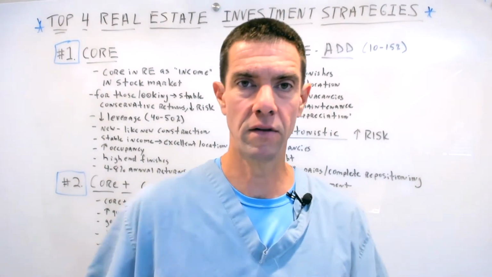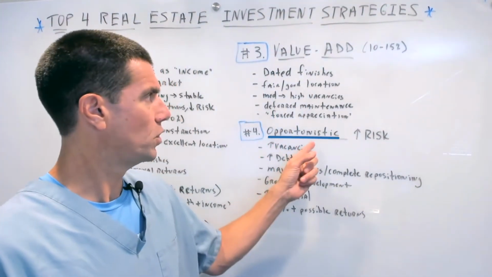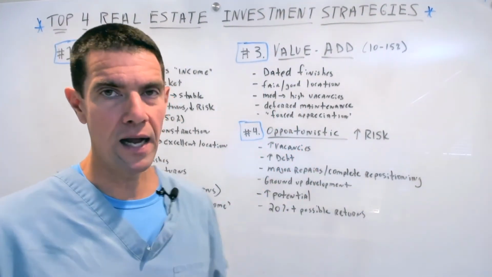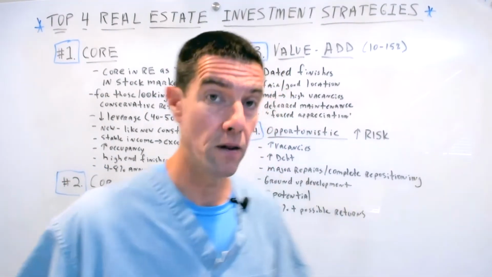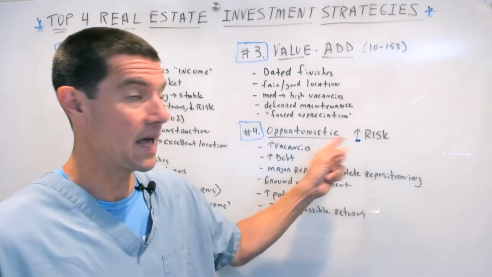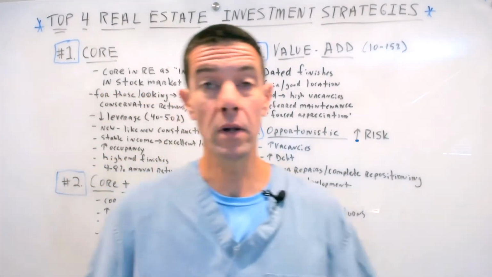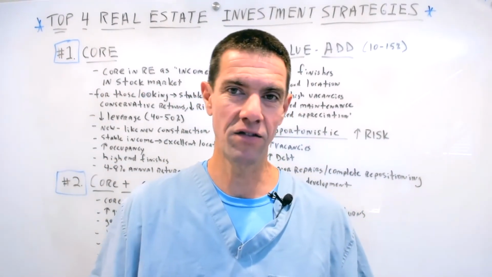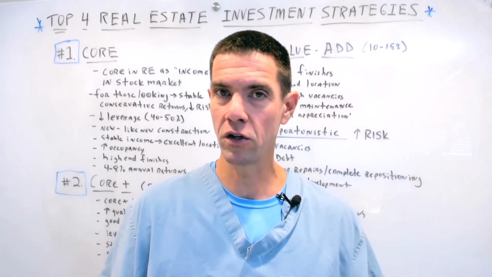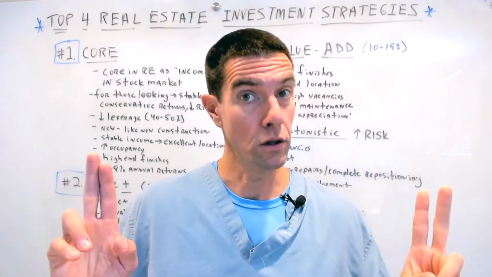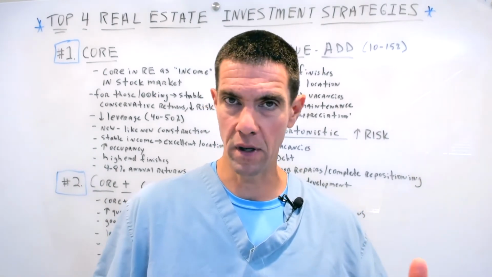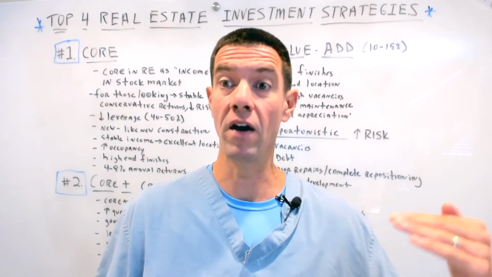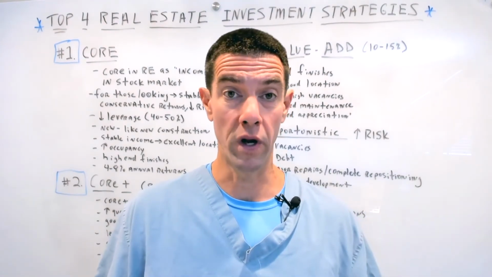Last but not least is one called the opportunistic strategy. Now, unlike the core real estate strategy, this one poses the highest risk. Typically, opportunistic investors are looking for the highest potential returns in, quote, opportunity, which is usually property that's bought low with the hopes of selling very high, many times for a quick profit.